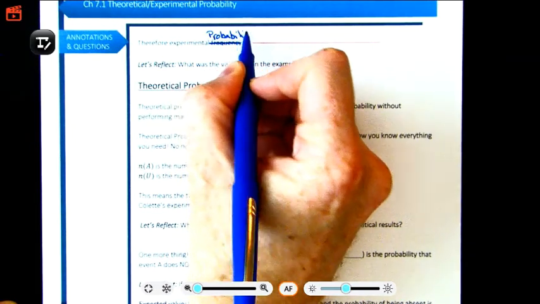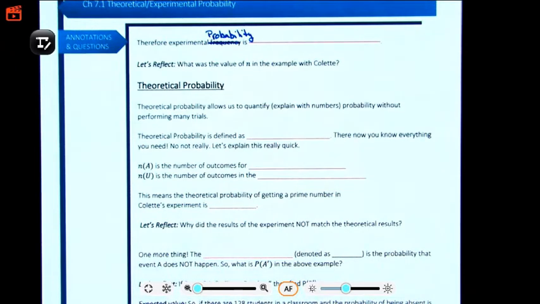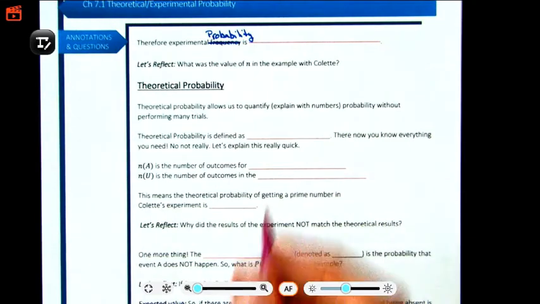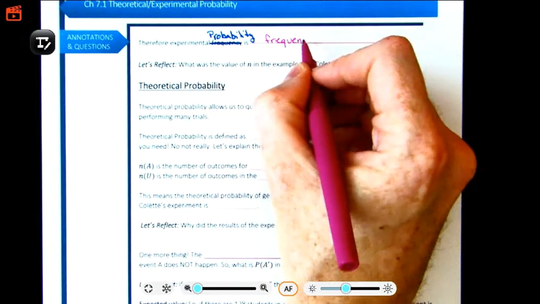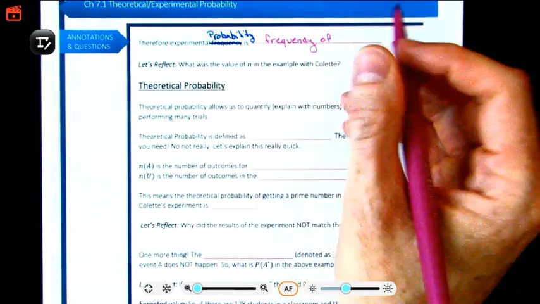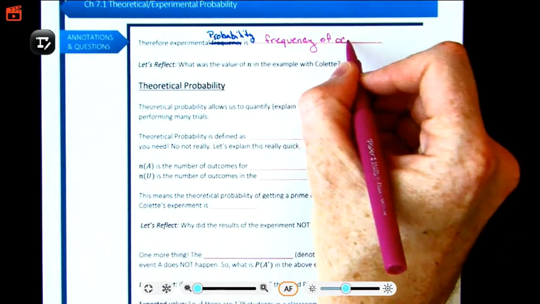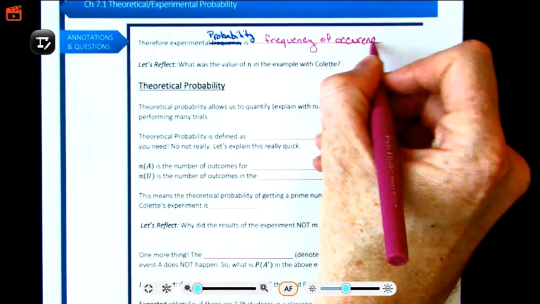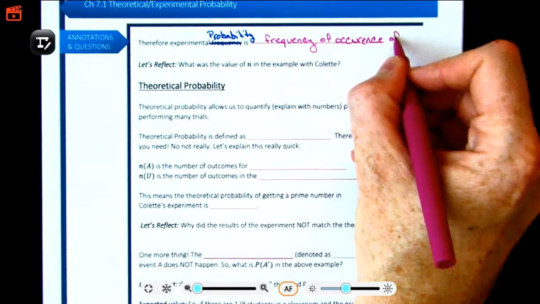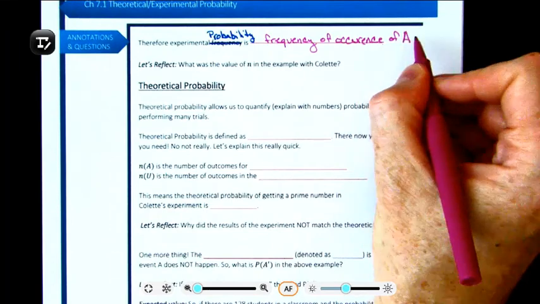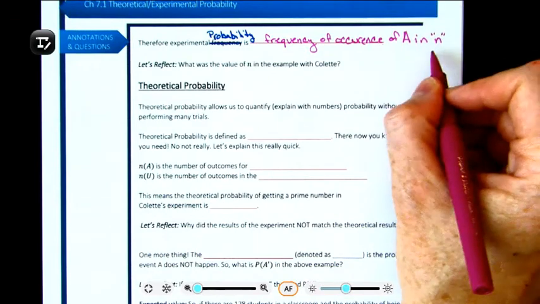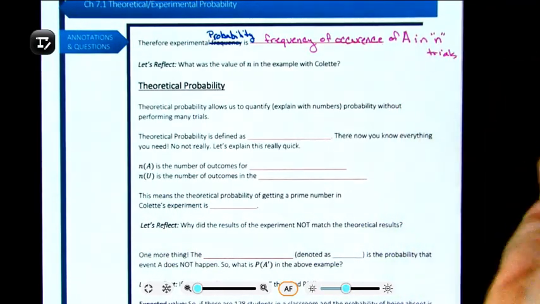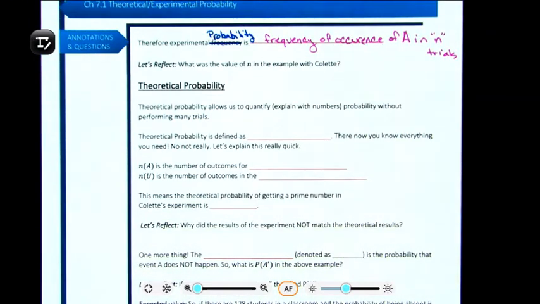Okay, so therefore experimental probability is a fraction, and on top you always put the frequency of occurrence of event A in n, I'm going to put n here in quotes, trials. So n trials is how many trials you did. And then on the bottom, you just put n.